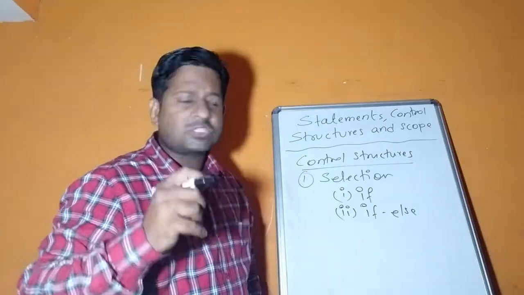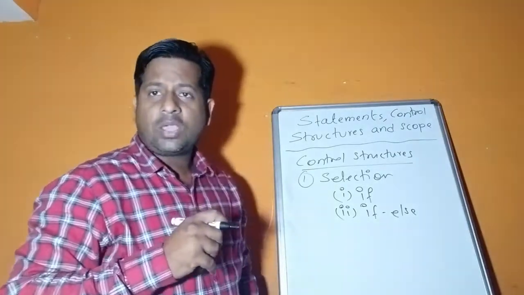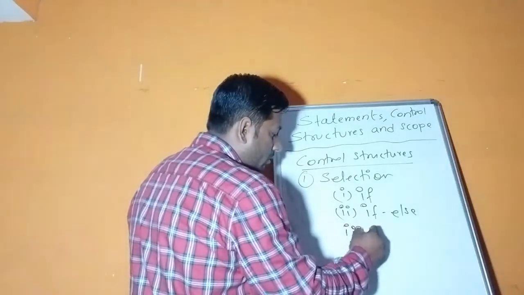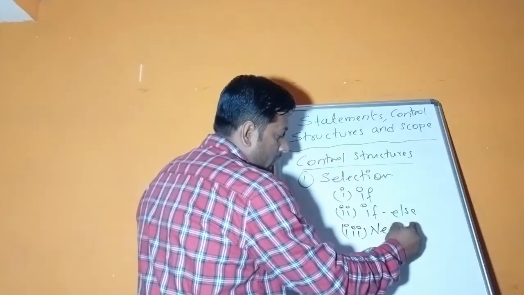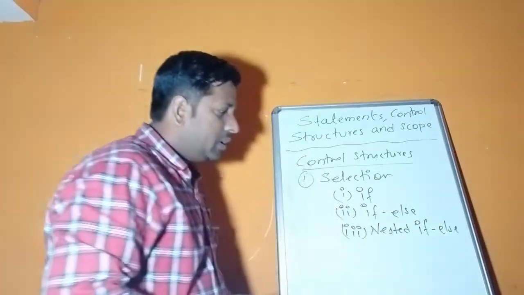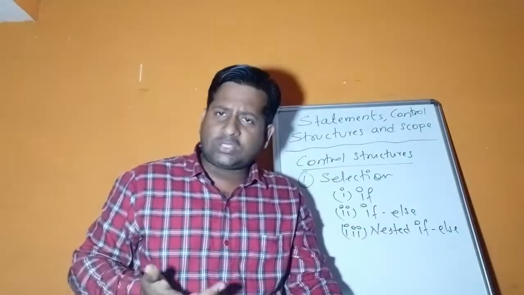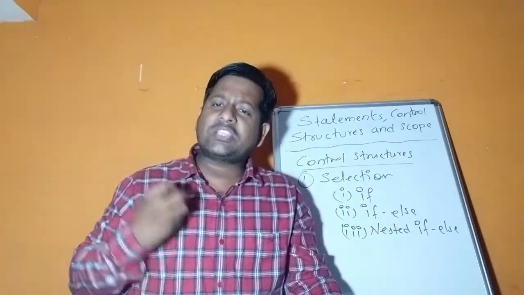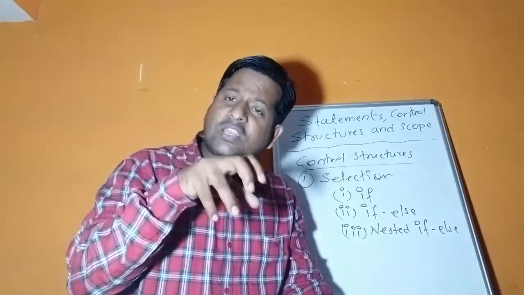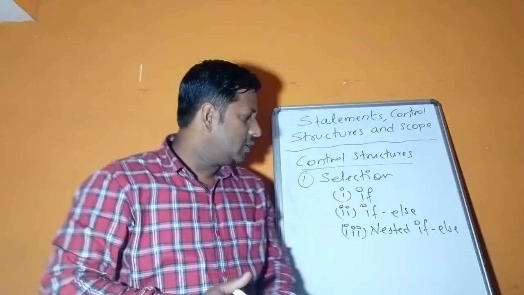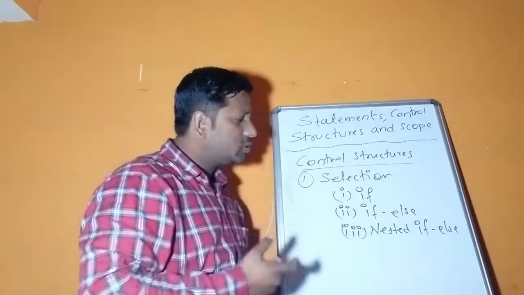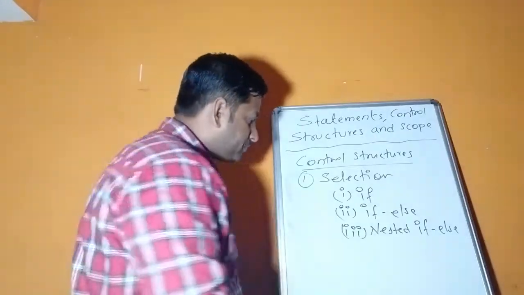True and false, both statements are executed based on if else. Then nested if else. If you have more than two conditions, we can use nested. Nested means use of one condition inside another condition. So if more than two conditions exist, we can use nested if else.